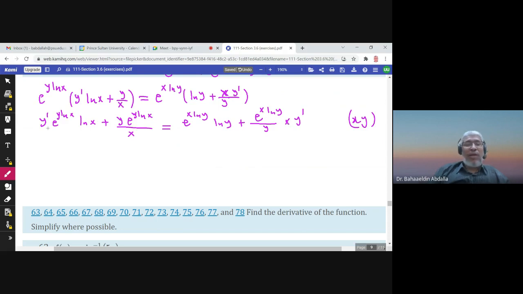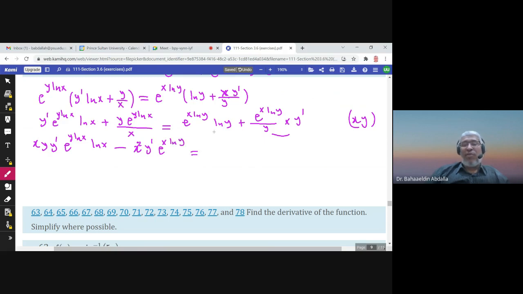So here I have x y y prime e to the power y ln x, minus. I bring this term to the other side and multiply by x times y. But y will be cancelled with y. So I'll have x squared y prime e to the power x ln y equals.